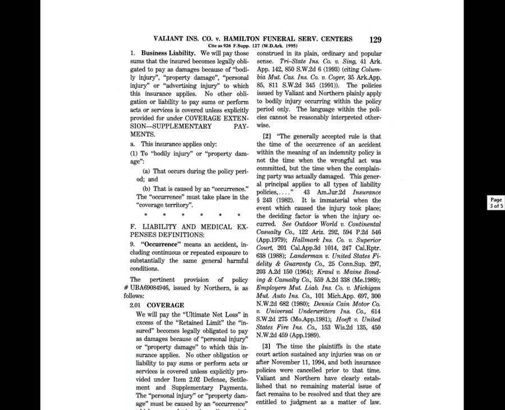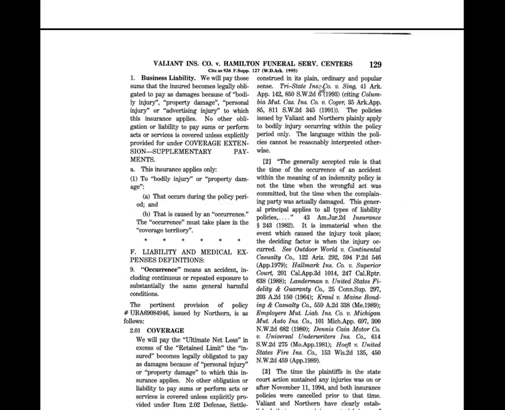An insurance policy is nothing more than a contract between the insurance carrier and its insured, and the ordinary rules of contract interpretation shall govern. The language within an insurance policy, let's scroll up a little bit, is to be construed in its plain, ordinary, and popular sense. So here, the publishers at West got that summary right. Right?